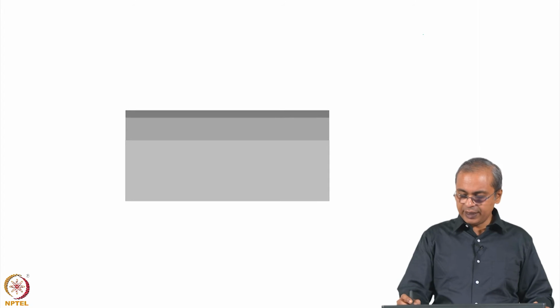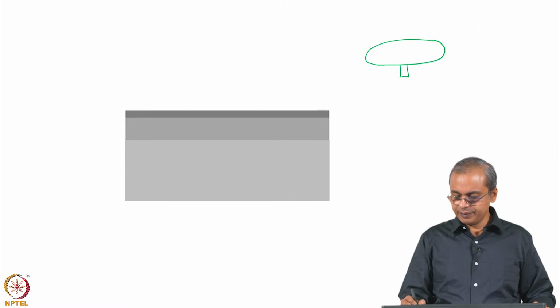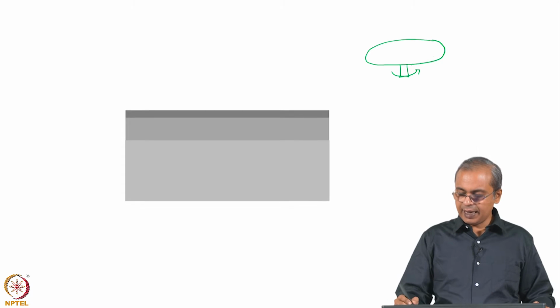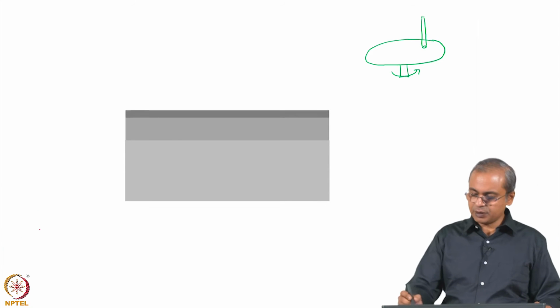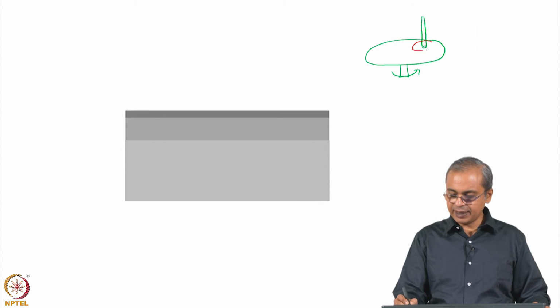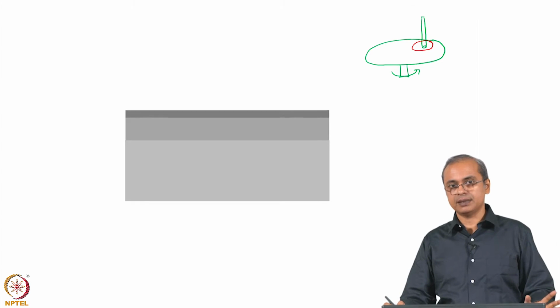Please remember our orientation: you essentially have the disc which is spinning, and on top of it the pin is put in contact with it. This is the pin. The wear is actually occurring at the tip of the pin, where the pin comes in contact with the disc.